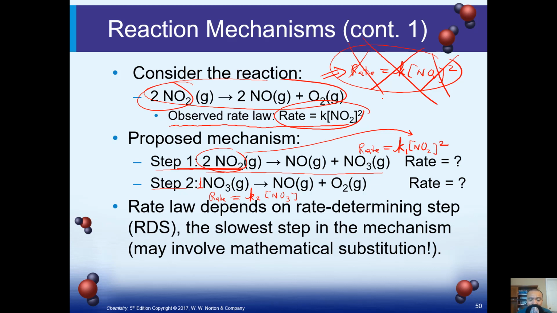Since the reaction cannot proceed faster than the slowest step, the rate law obtained from the slowest elementary step will be exactly the same as the experimentally observed rate law, although it might be written in different forms.